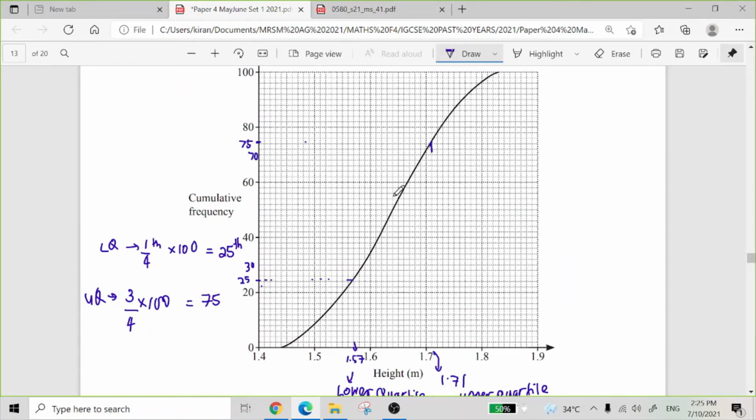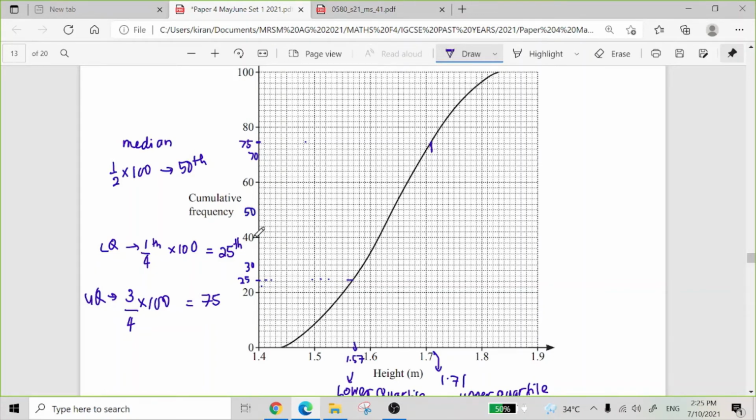How to get the median? The median is the middle of the data, so it's half of the total frequency. So we have the 50th place, so we find where 50 is. 1, 2, 3, 4, 5. So this is 50.